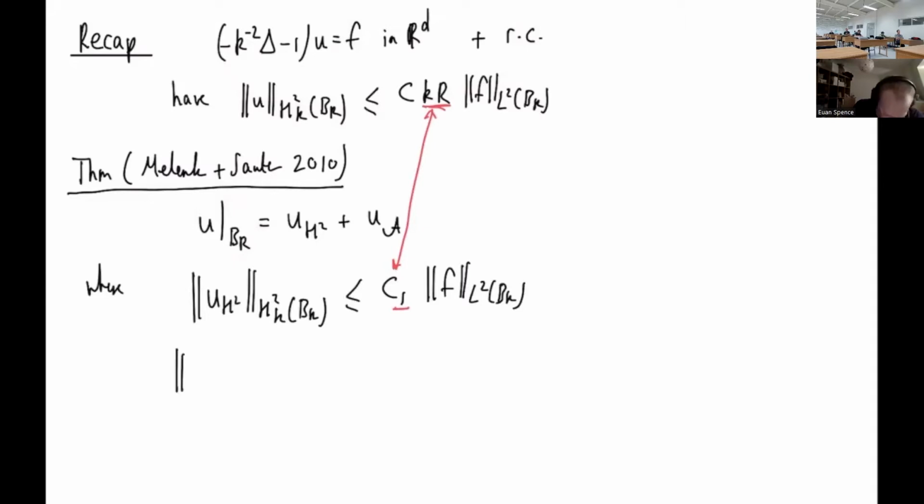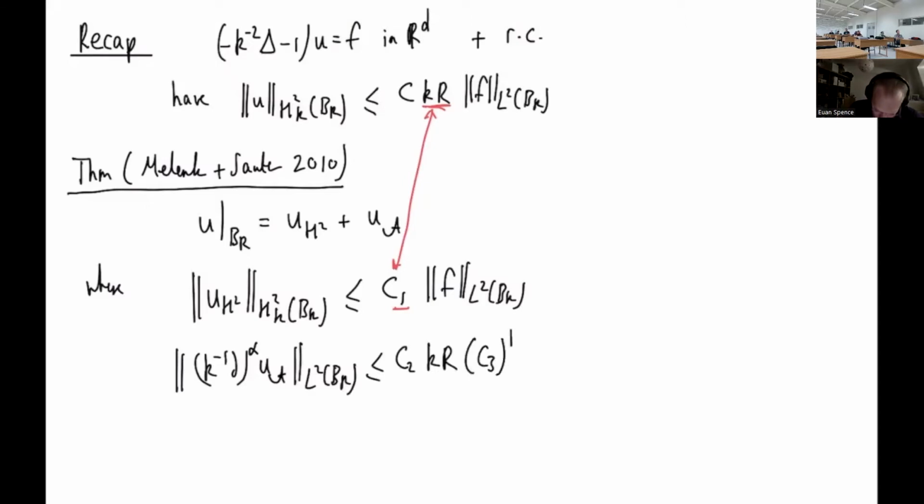And then the second part, U_A, this is analytic and satisfies these derivative bounds I'm writing down here. And one can show that a function satisfying these derivative bounds is analytic just by bounding the Taylor series remainder.